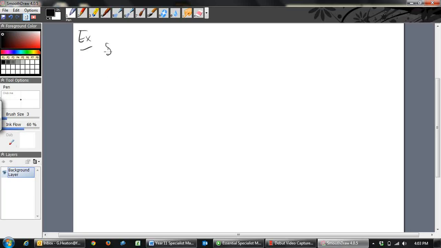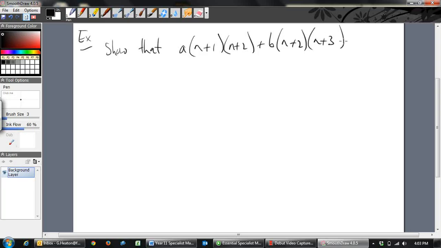Let's just do something like: show that A(n+1)(n+2) plus B(n+2)(n+3) cannot be expressed as n squared. Okay, so let's have a look at this problem here. Show that that cannot be written as this.